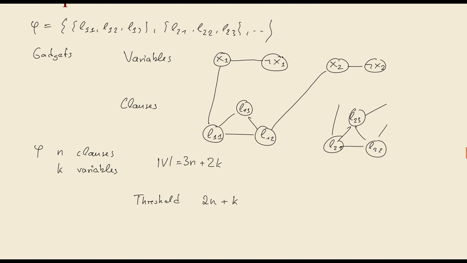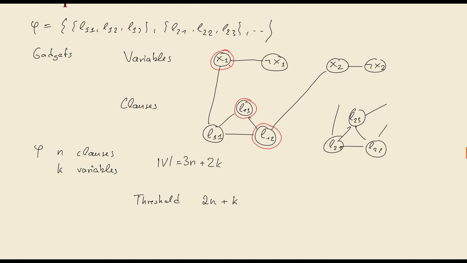So there's a 1-to-1 correspondence between vertex covers of this size and variable assignments, which we get by simply setting the variable so that the literal included in the vertex cover is set to true. If this literal is set, then we don't have to cover that edge. That means we will take these 2 vertices into the vertex cover to cover the edges of the clause gadget.